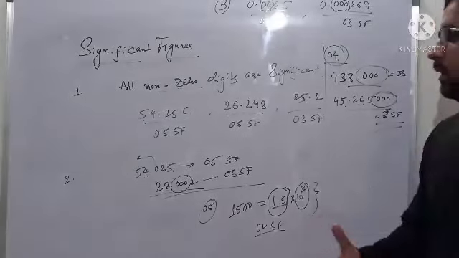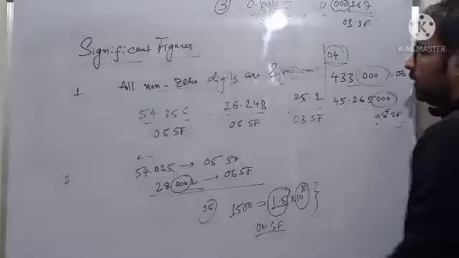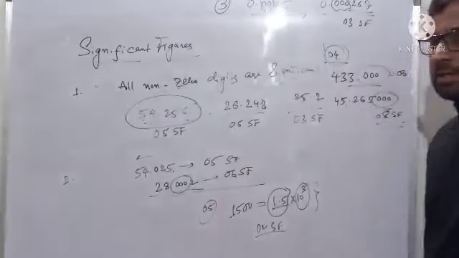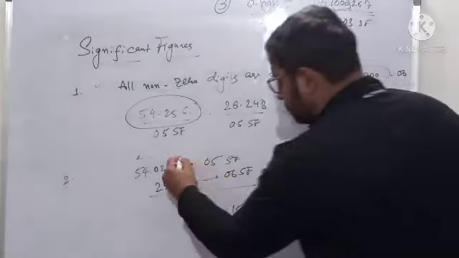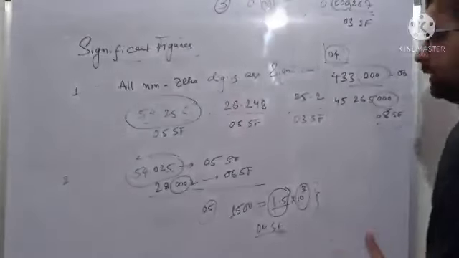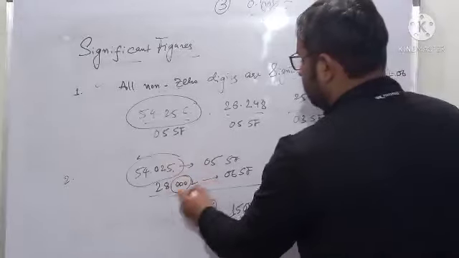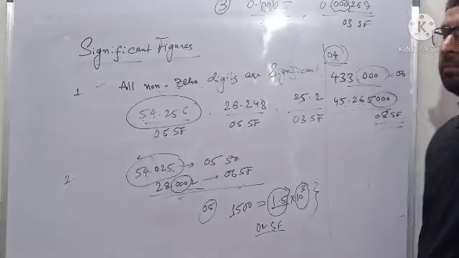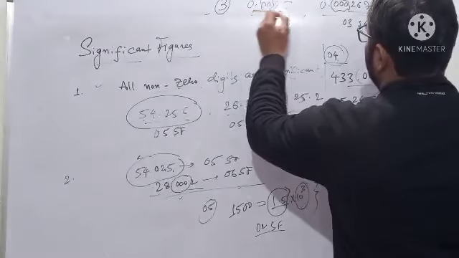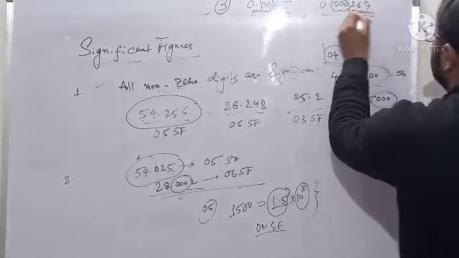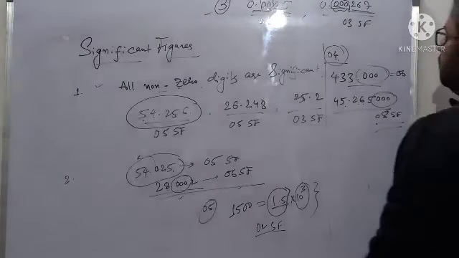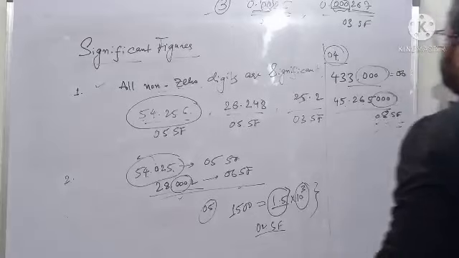Let us do a quick recap of the 5 rules. The first rule was that all non-zero digits are significant. The second rule was that if we have a 0 in between 2 non-zero digits, then that 0 will be significant and it has to be counted. My third rule was that if I have a 0 towards the left of the number, then those zeros will not be counted and they will be insignificant. They have to be removed.